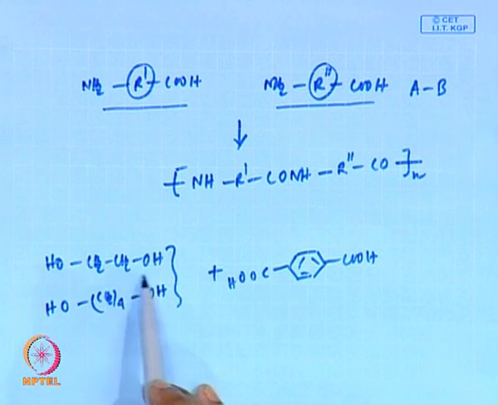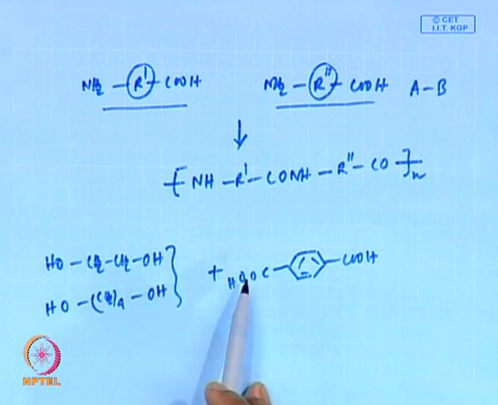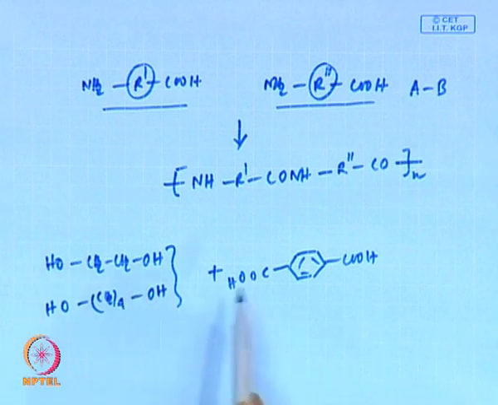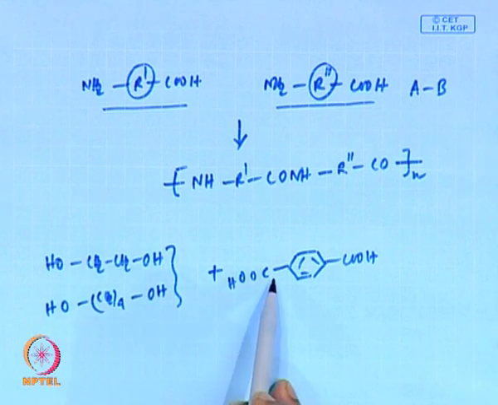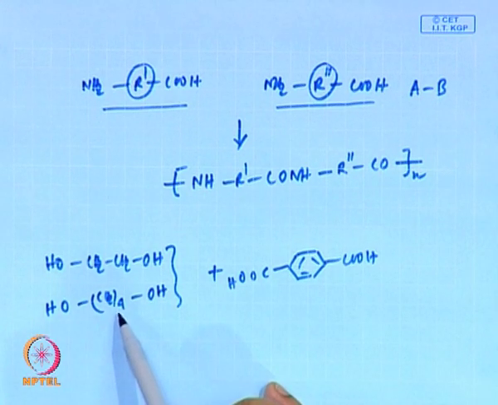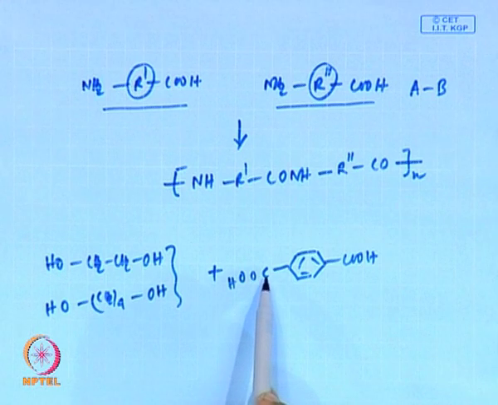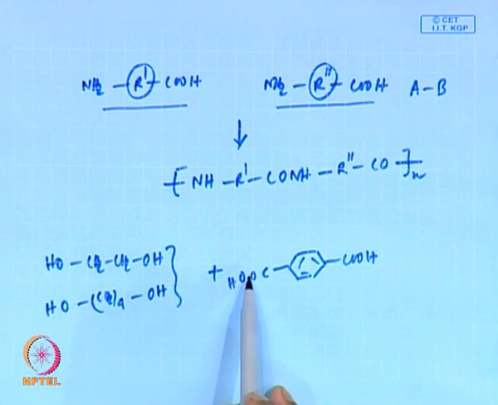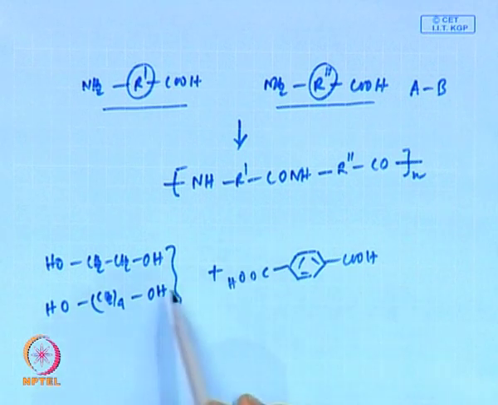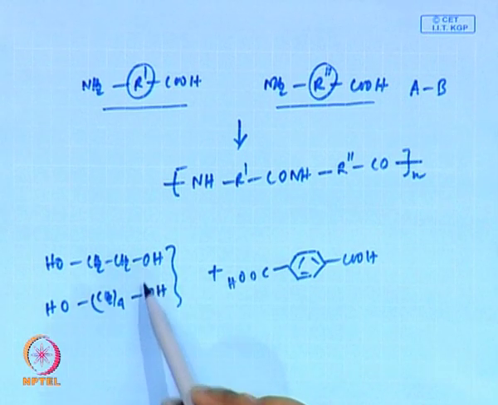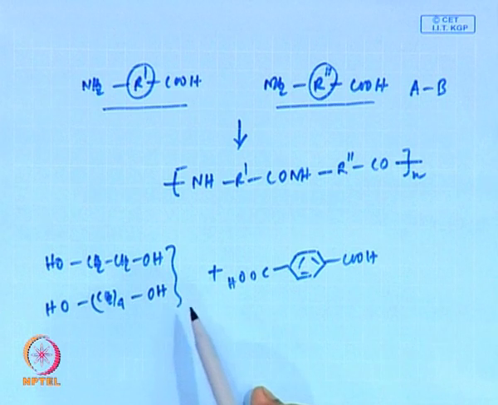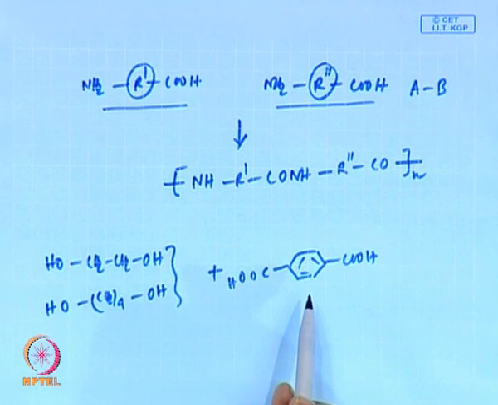In this case you make a copolymer which has polyethylene terephthalate units and also polybutylene terephthalate units. So, this is an example of a copolymer of PET and PBT, polyethylene terephthalate co polybutylene terephthalate. And depending upon the ratio of these two, one would be higher or not.